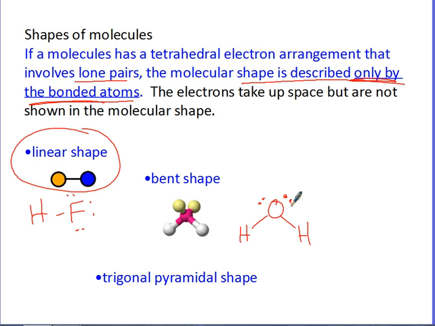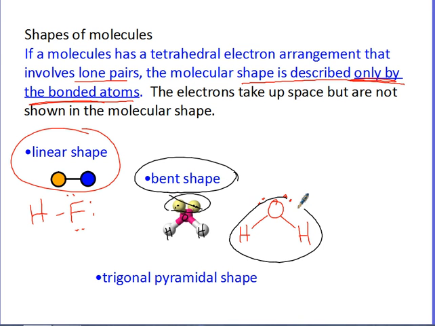These are in a tetrahedral arrangement, but if this is oxygen, there's hydrogen, hydrogen, and here are my lone pairs. So it looks like the tetrahedral from the other page, but I don't count my lone pairs when I look at the shape. The shape only shows you this part, where the atoms are.